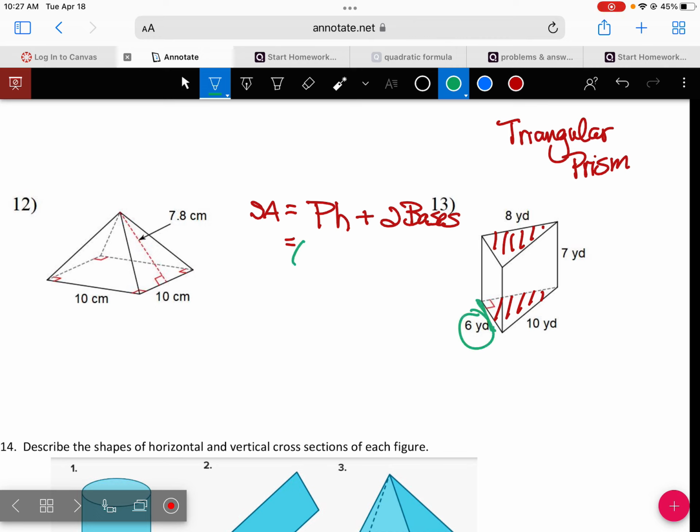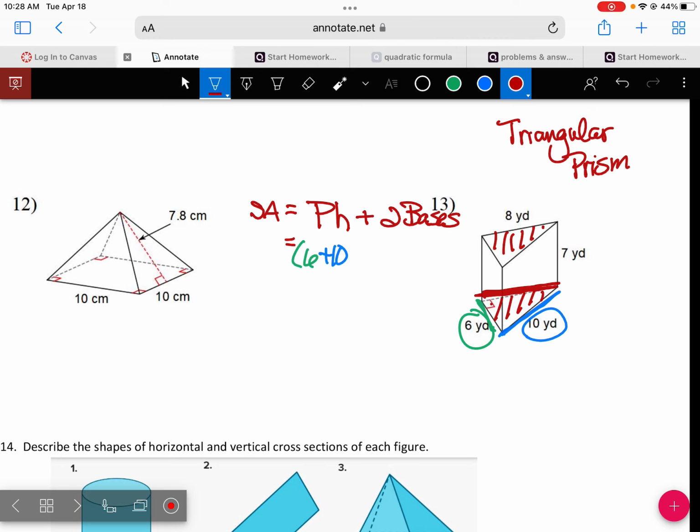So 6 plus 10. This is the perimeter. Plus, what is this length in the back? In the back, it's 10.